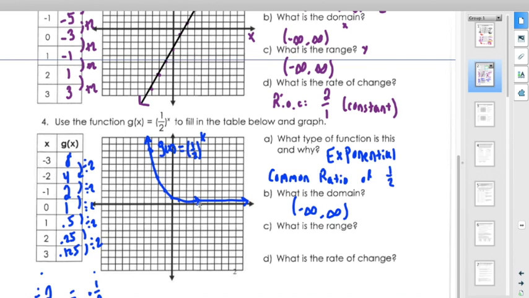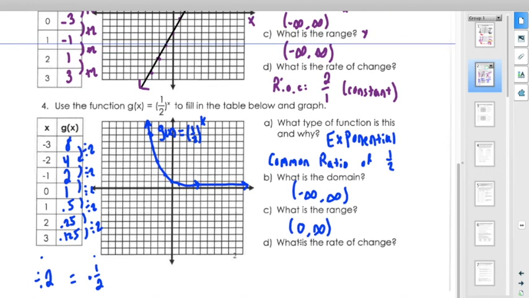My lowest y value, well, it looks like it's 0, but is it ever going to touch 0? Think about that. It's just going straight on, getting ever closer to 0. If I look at my table of values here, it's getting ever closer to 0, but never touching it. So my lowest value is going to be from 0 all the way up to infinity. And again, it's not a bracket because it's not going to hit 0.